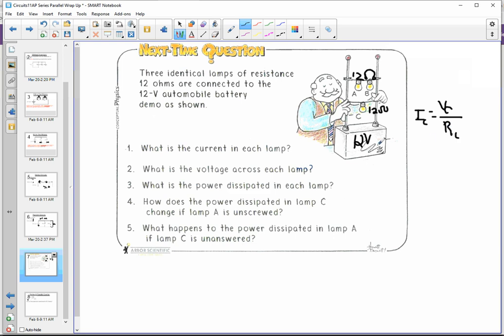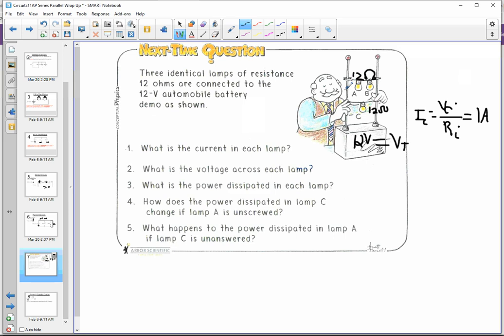And we only know V total, but if you look at your rules, since V total equals V1 equals V2 equals V3, that means that V total is the same as VC. So the current flowing in this branch through bulb C is going to be 12 volts divided by 12 ohms. So we're going to get 1 amp of current flowing in bulb C.